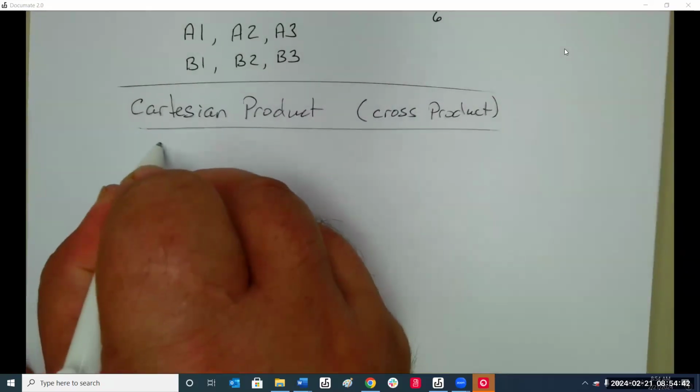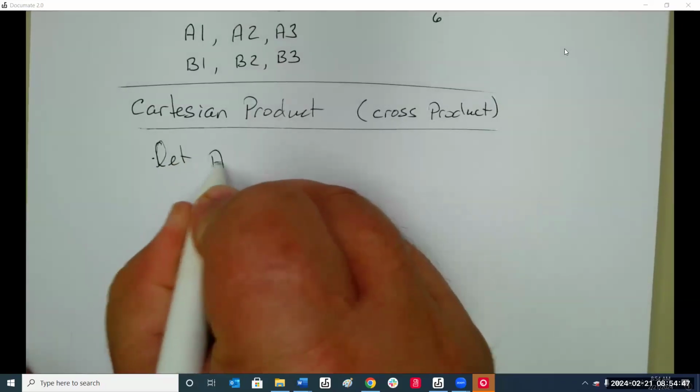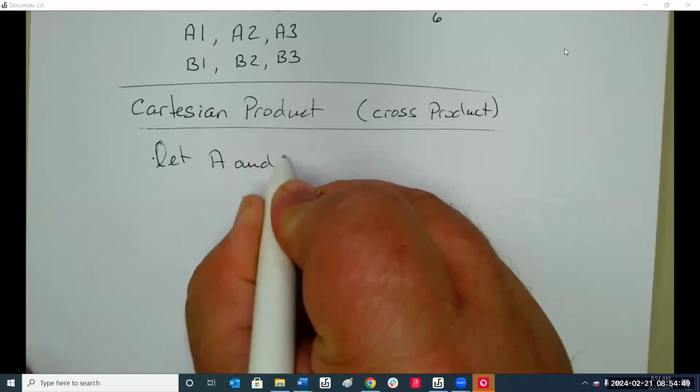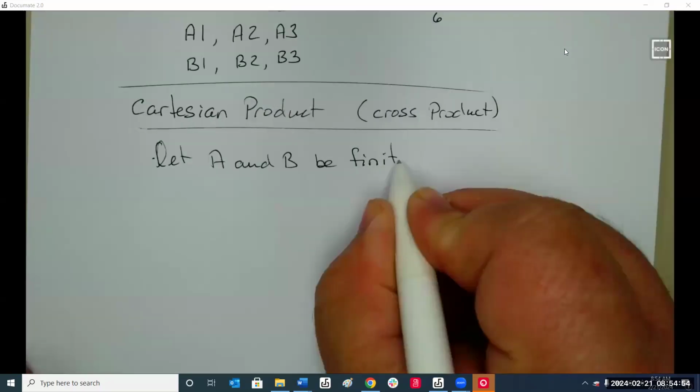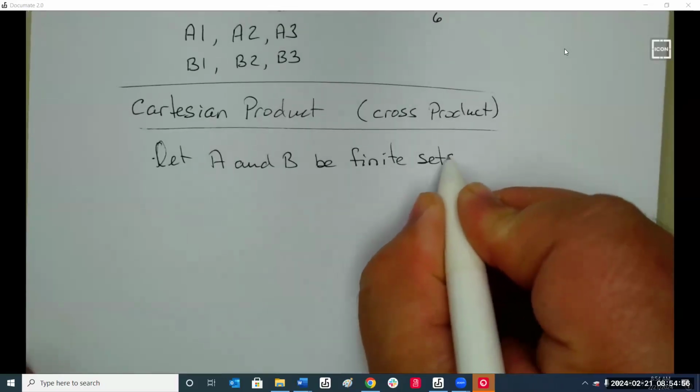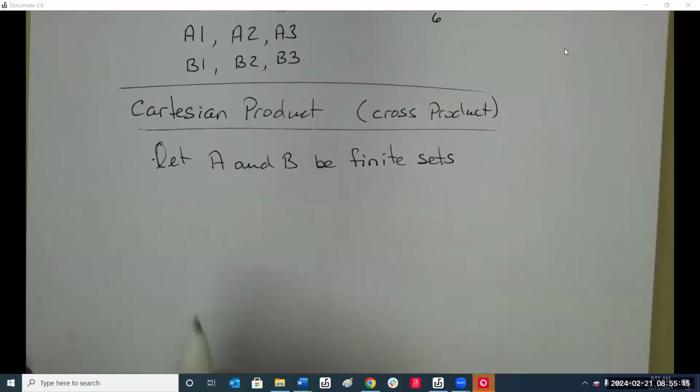So, let A and B be finite sets. What does finite mean? Finite simply means it has a number. It's not going to infinity. Like the number of students in this classroom right now is finite because it stops at a specific number.